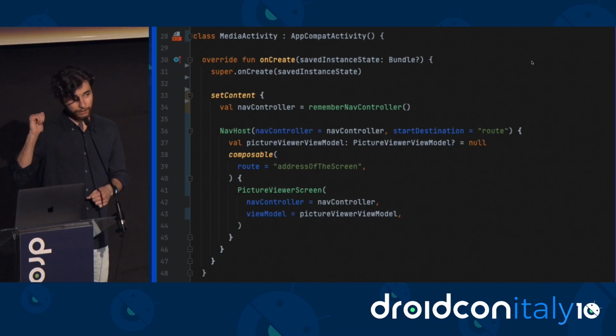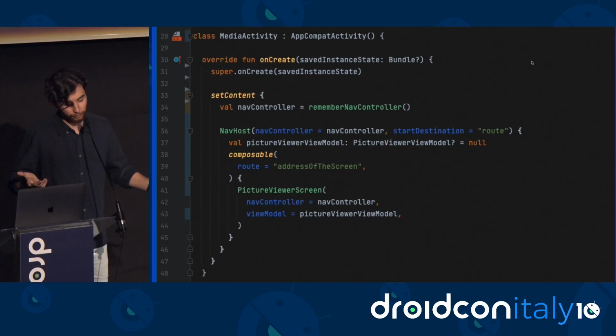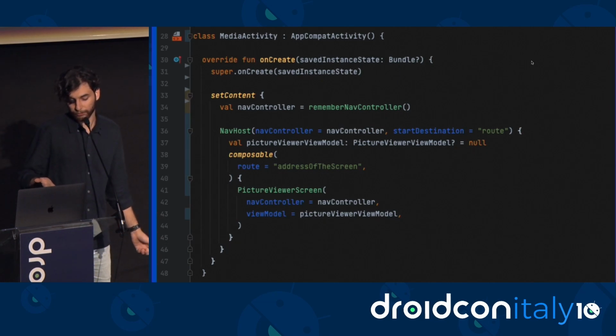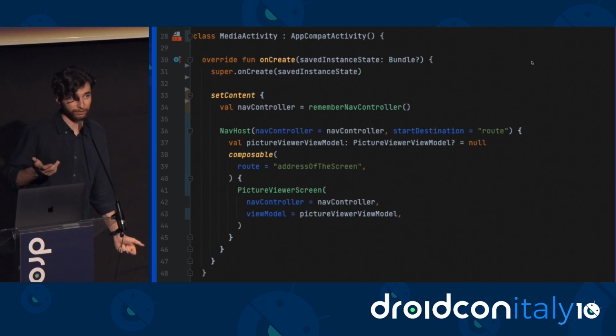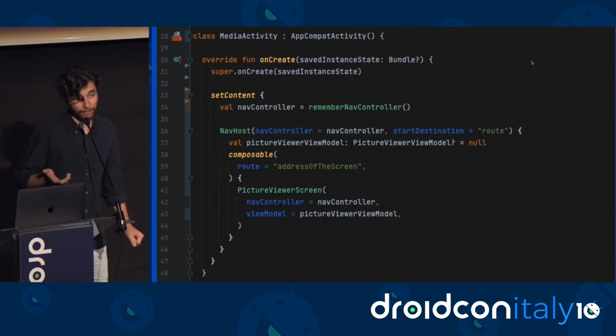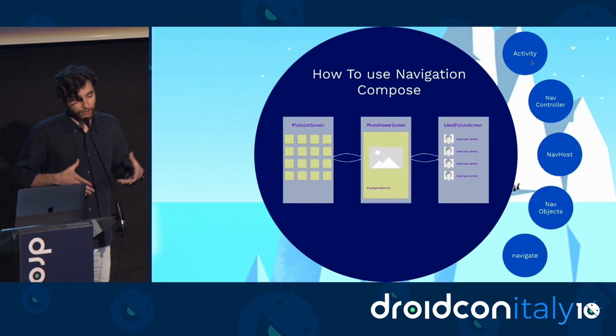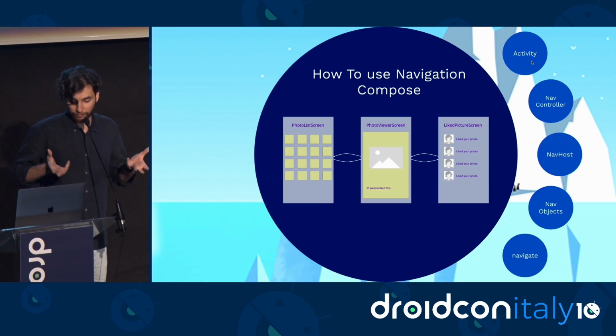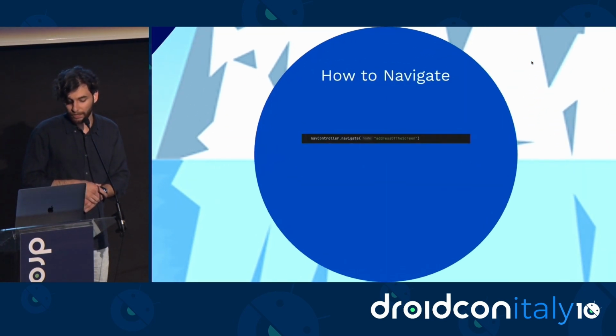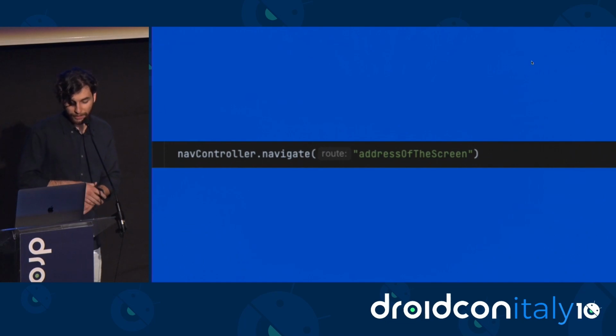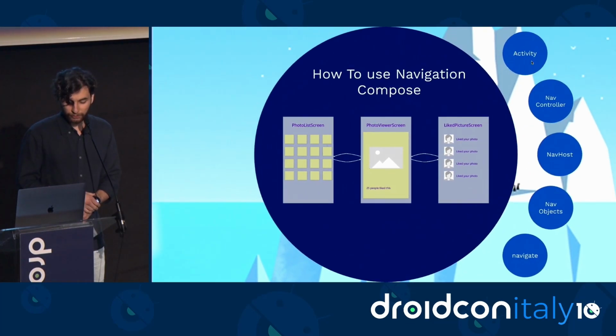And inside the building block, we can add any composable functions we want, which in our case, we are just initializing our composable screen and passing the NavController inside. That's pretty much it. This is the general way of working with Navigation Compose, and that's how we navigate. Inside each screen, we just call navController.navigate, passing the address that we want. So that's pretty much it, how to use Navigation Compose.